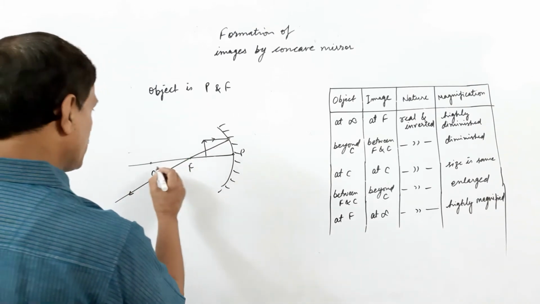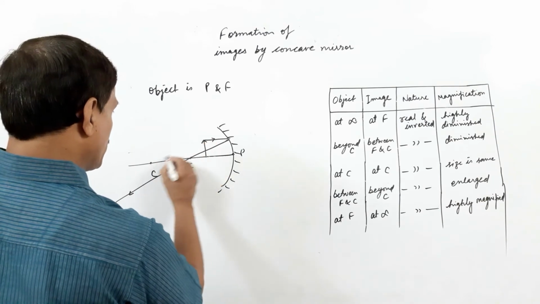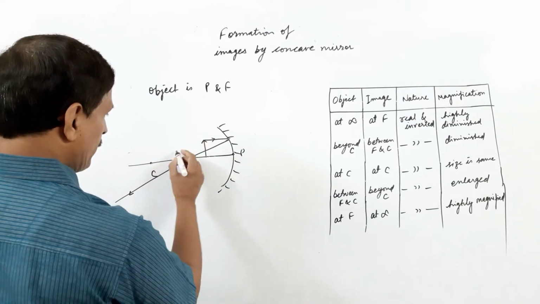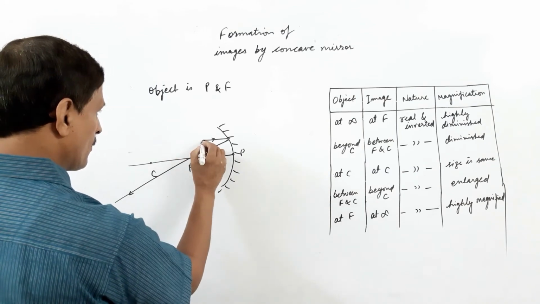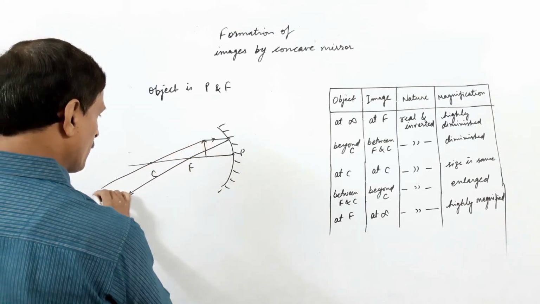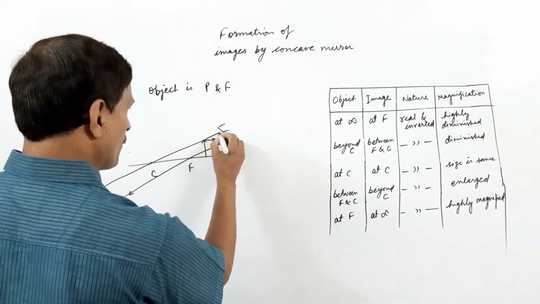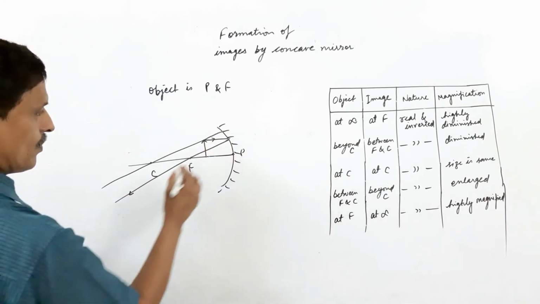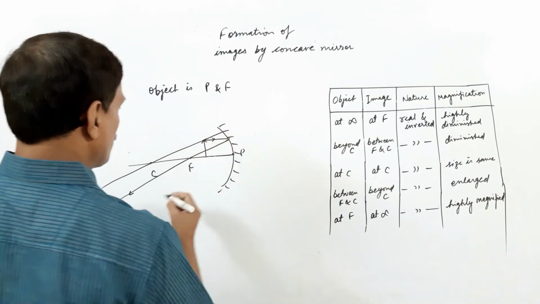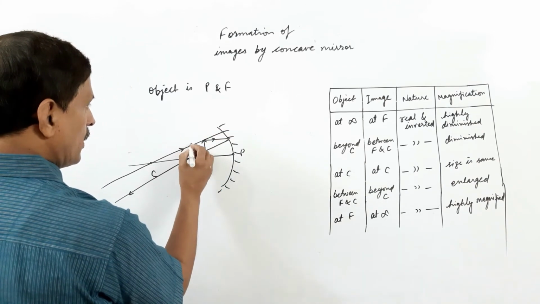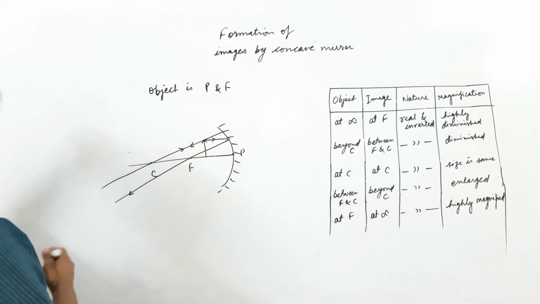Second ray, that is in the line of the center of curvature, is reflected back along the same path.